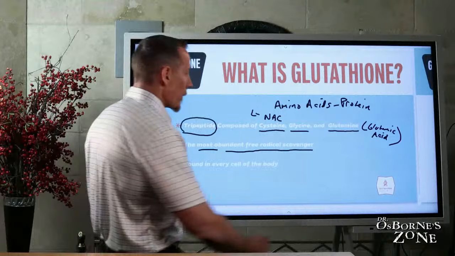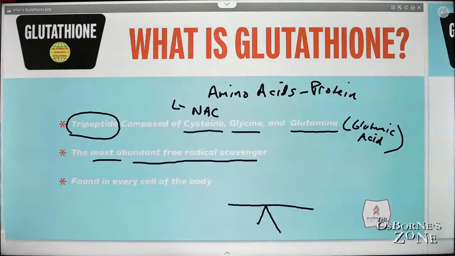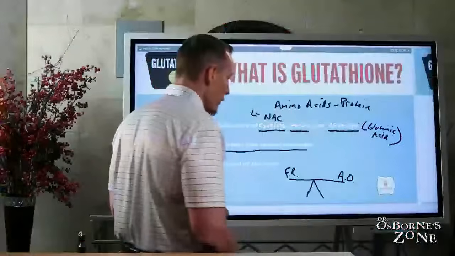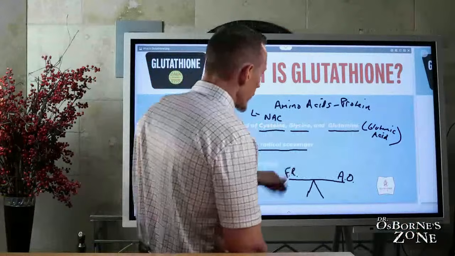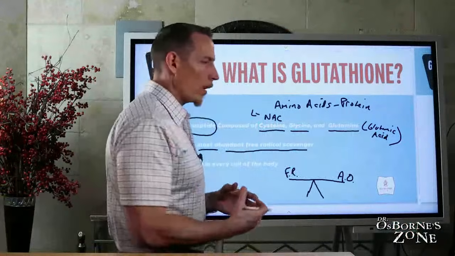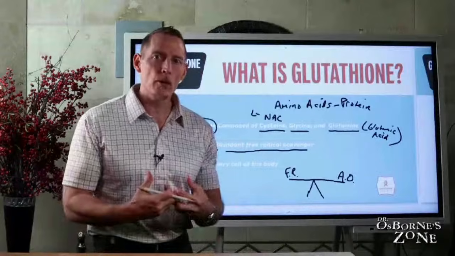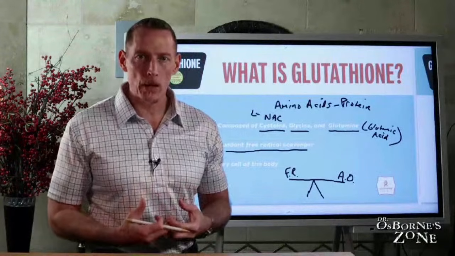Heard that term, kind of imagine a teeter-totter here, and on one end you have free radicals, on the other end you have antioxidants, and there should be a decent balance between these two things. Free radicals are a normal part of body function. We generate free radicals during normal biochemical processes.